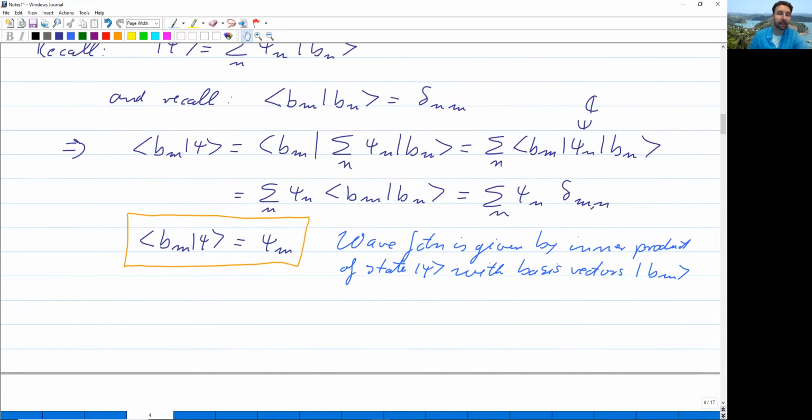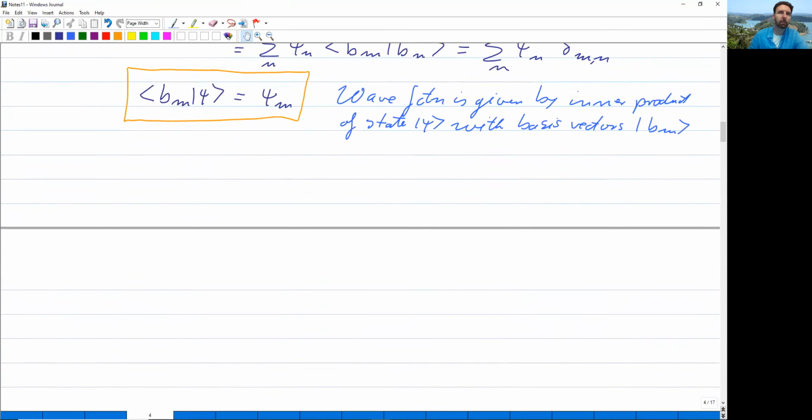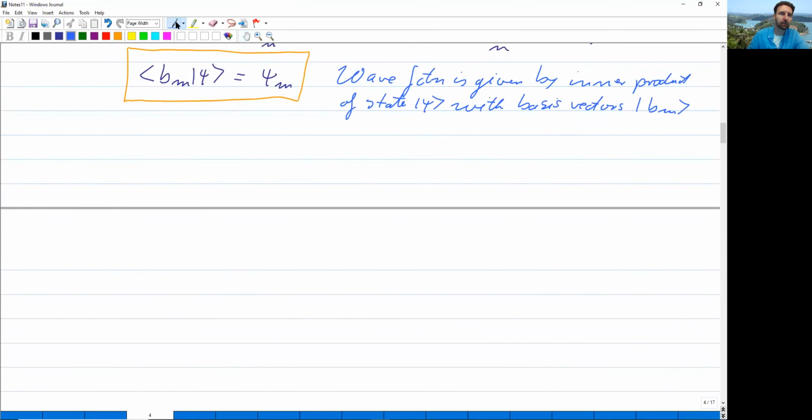All right, now from that we obtain directly a very useful tool, namely the resolution of the identity.